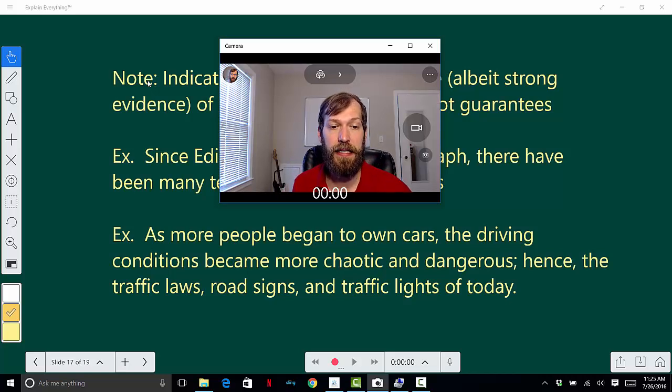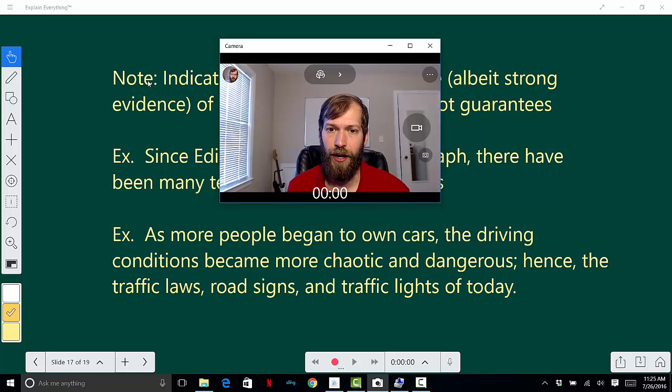Then we have this second example. As more people began to own cars, the driving conditions became more chaotic and dangerous. Hence, the traffic laws, road signs, and traffic lights of today. So we're not trying to convince somebody that there are in fact traffic laws, road signs, and traffic lights today. That's going to, for most people, be taken for granted, at least in the United States.